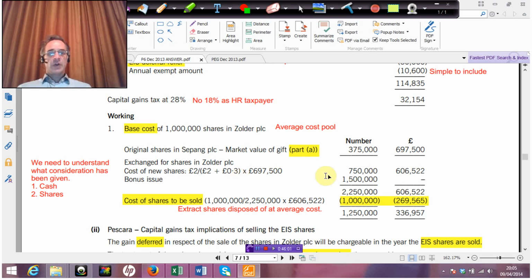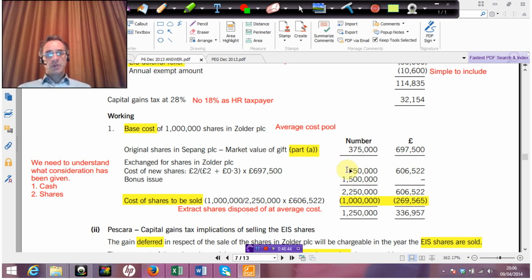In terms of the number being brought in, she is getting 2 new shares in Zolder PLC for every 1 that she has in Zapang. So we've got to transfer these amounts, i.e. the number that she had in Zapang and also the cost value, to the new level. The new level in terms of number is that the number of shares that she has doubles, because she got 2 for 1, as the old ones are now gone; she's had to give these to Zolder.